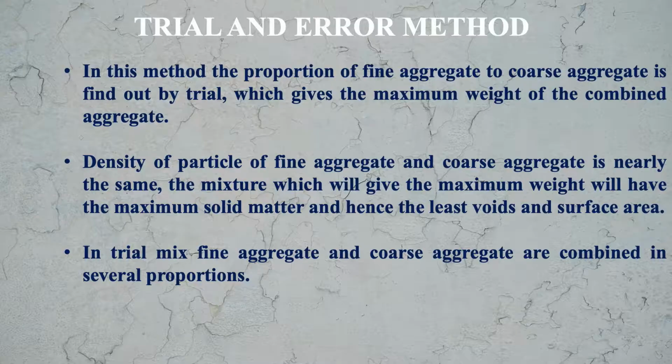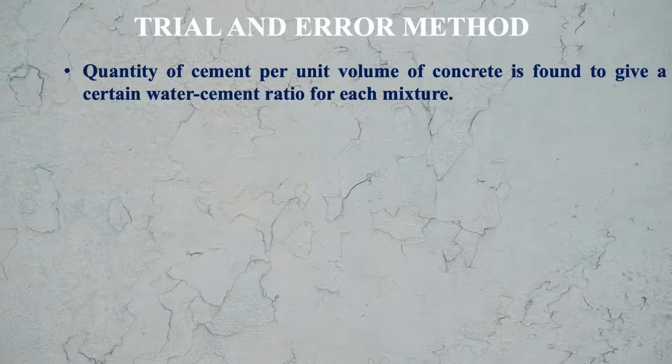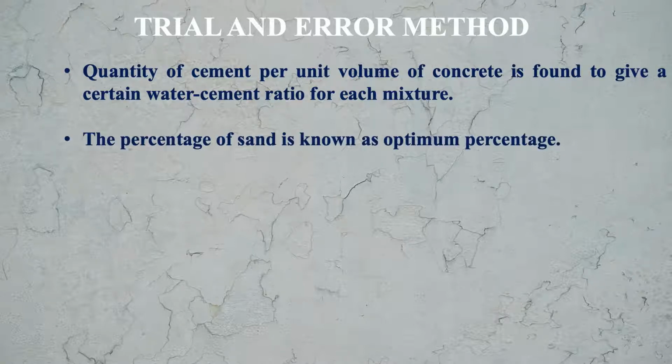In another method of trial mix, fine aggregate and coarse aggregate are combined in several proportions. The quantity of cement per unit volume of concrete is found out to give a certain water cement ratio for each mixture. The percentage of sand is known as the optimum percentage.